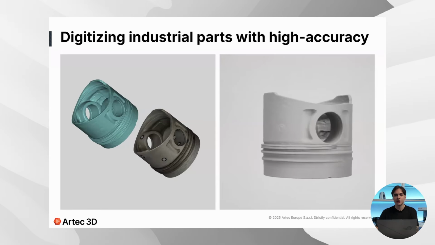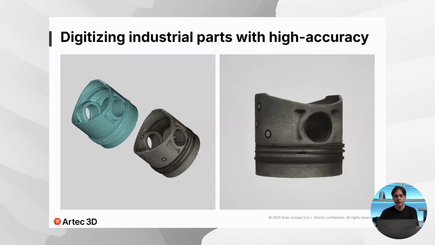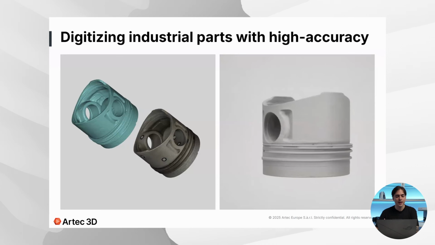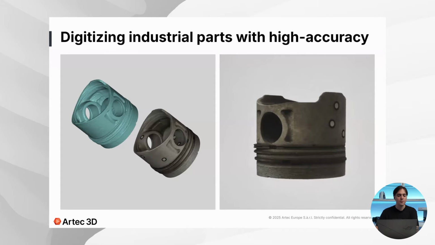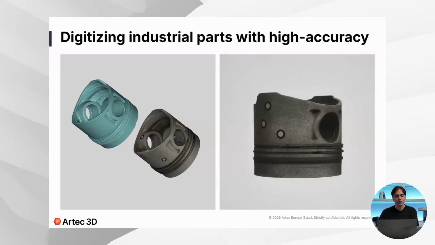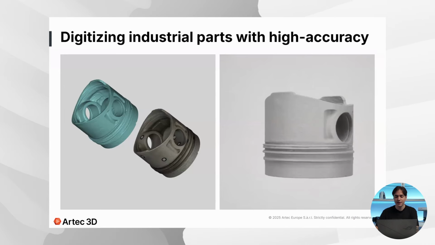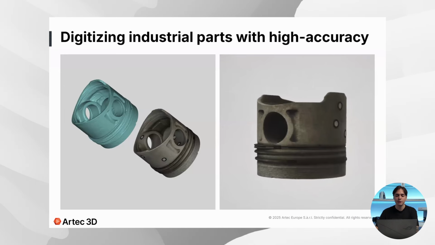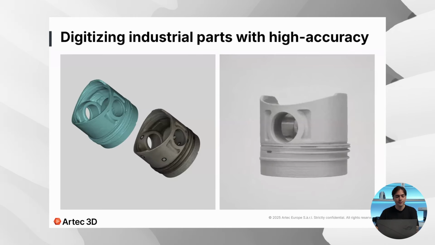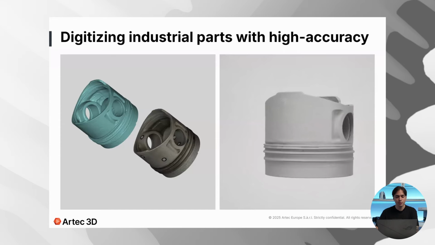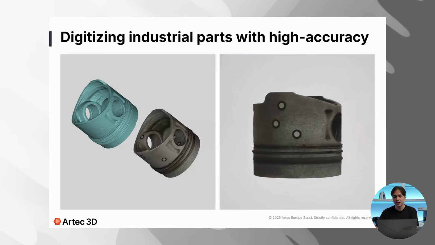If you take a closer look at the thread at the bottom of the piston, you could see that we have even managed to extract geometry from this area, and we have got a really nice definition. And one more time, the other nice thing about this one is that the surface is quite smooth, so we don't have any artificial noise on it.